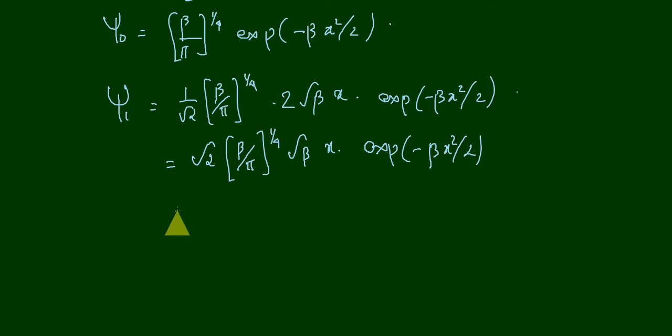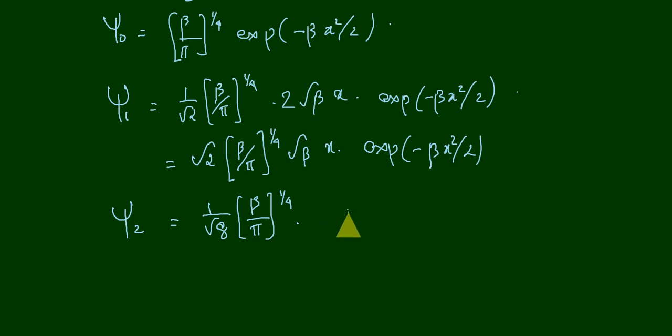And psi 2 is equal to N2. What is N2? N2 is 1 divided by root 8 into (beta by pi) raised to 1 by 4, that is N2, into H2(y).